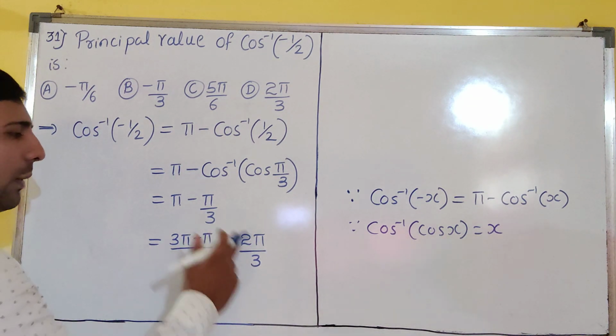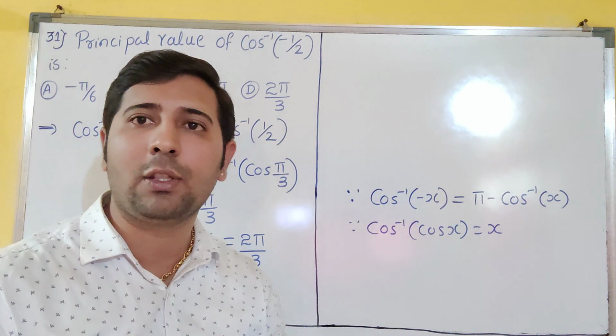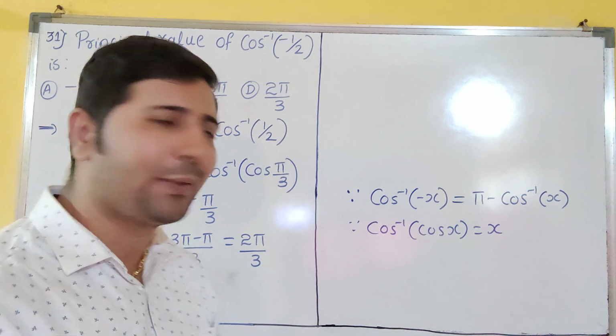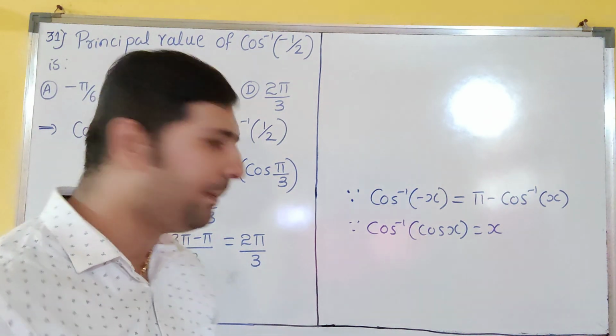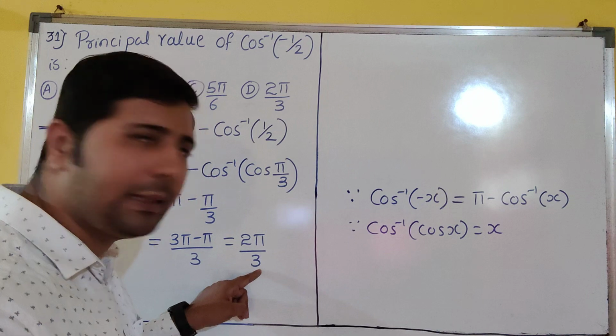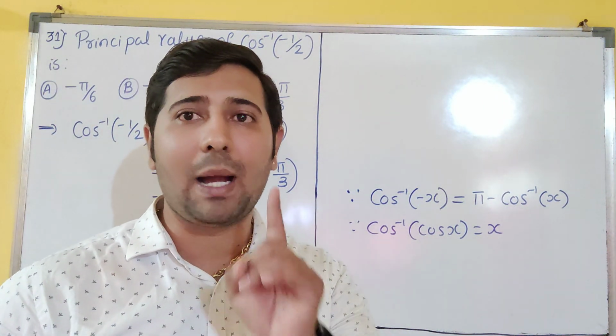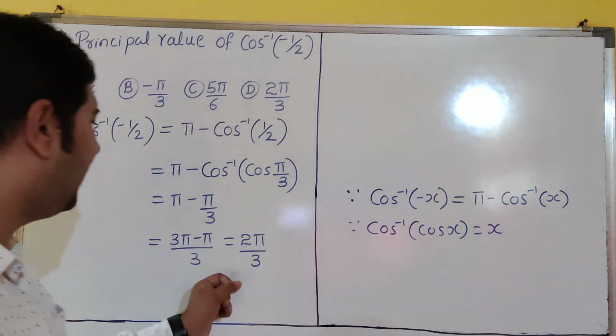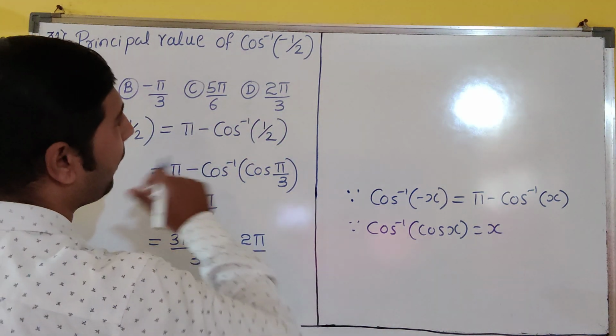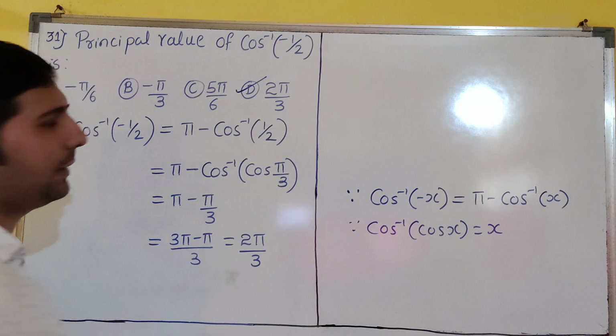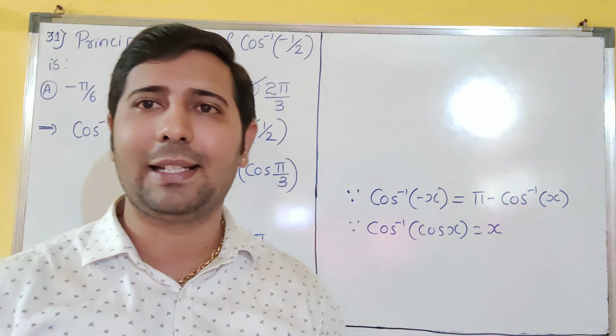This is our required answer. It is also in the range, since the range of cos inverse is 0 to 180. Pi by 3 means 60, and 60 into 2 is 120, which is in our range. So this matches our option D, dear students. D for Delhi is our answer.